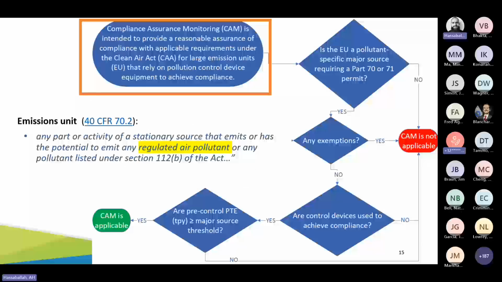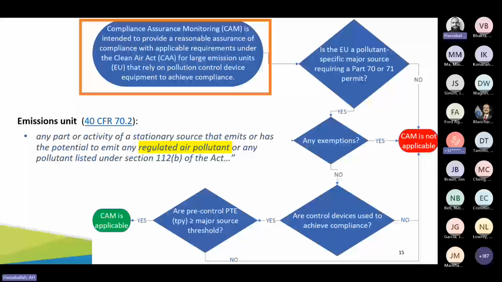Okay, first up is your starting point or launching pad, but it's a description of what CAM is, and CAM is intended to provide a reasonable assurance of compliance with applicable requirements under the Clean Air Act for large emission units that rely on pollution control device equipment to achieve compliance. First, what is an emission unit?